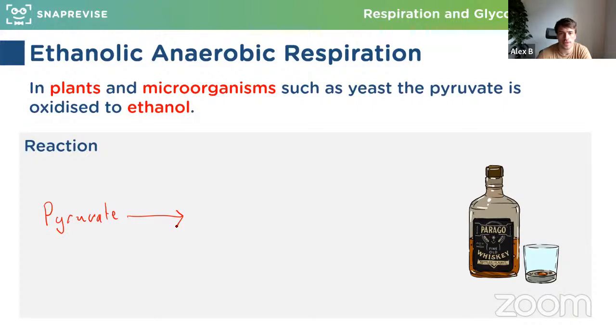Yeah, some specs do it in two stages with ethanol first. I'm just going to do it in the simpler form. Ethanol plus CO2. Yeah, and we could either draw in the NAD and NADH, or we could add it like this.